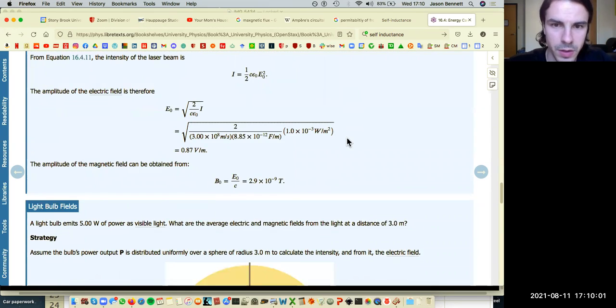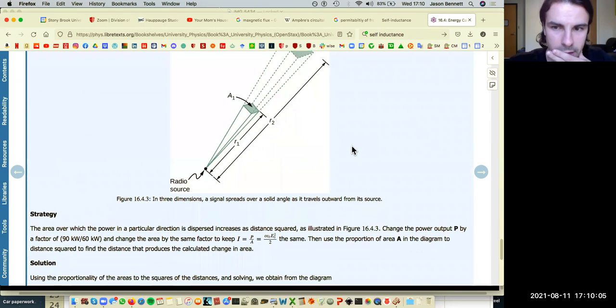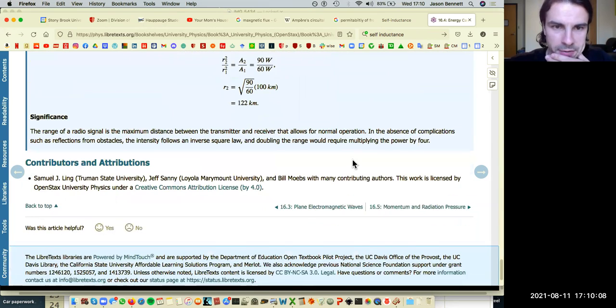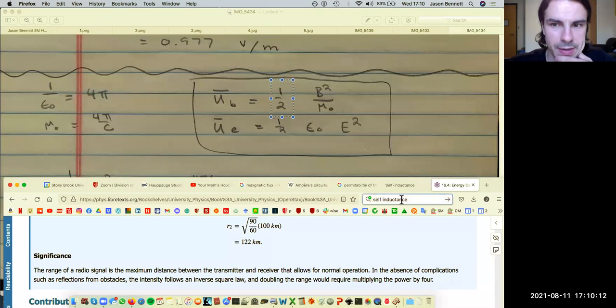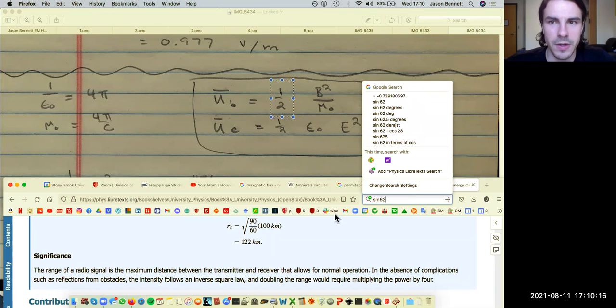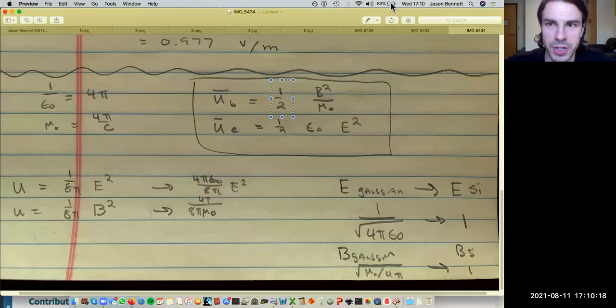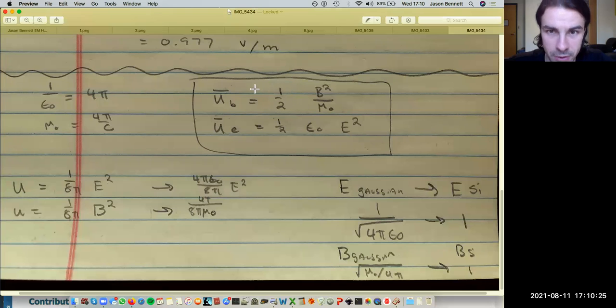Anyway, so I guess I was mistaken. That 1/2 doesn't take into account the sine already. What you need to do is utilize the time average of sine squared, which is 1/2, and then you use it with this equation.